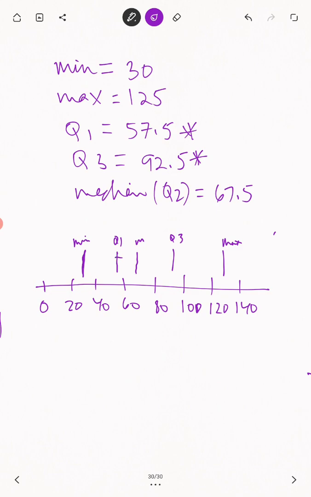Okay, and then what you do is you join, sorry, it's really hard to do on here. Let's try that again. You join up Q1 and Q3 and the median to make a box, and then you just put a line to the min and a line to the max from there, which are considered the whiskers.